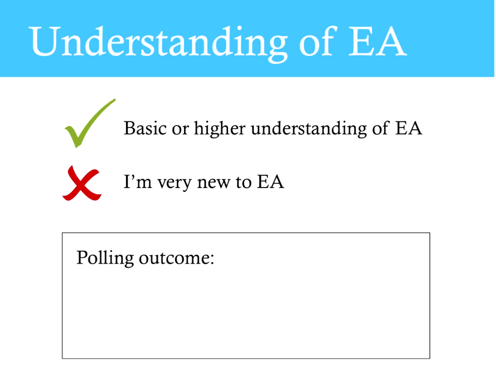I'll give everybody a moment to select which one they find appropriate, and I'll publish the results on the screen. You can see most people have done that now, just waiting on a couple of people. If you're struggling to see where the green tick or red cross is, it should be within the participants window just below your name. Give people a couple more seconds and then publish the results.